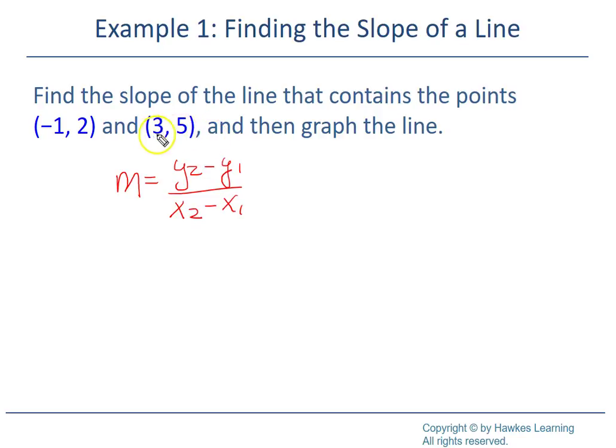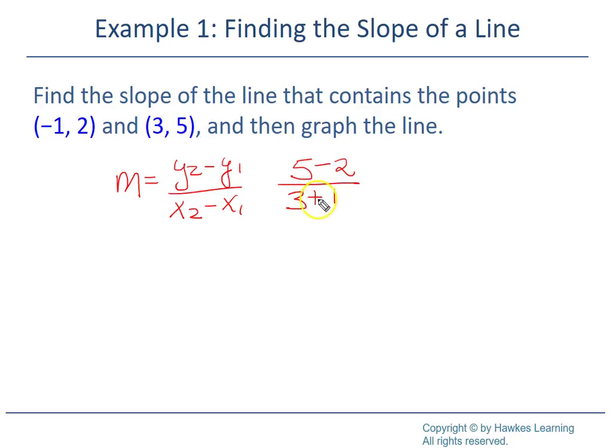And generally I just take it like this. This is my sub 2, so that would be 5. Minus is in the formula, 2. And then I go to my x, 3. Minus is in the formula, but notice that our x term here is a negative 1. So the opposite of a negative 1 makes this a plus 1.